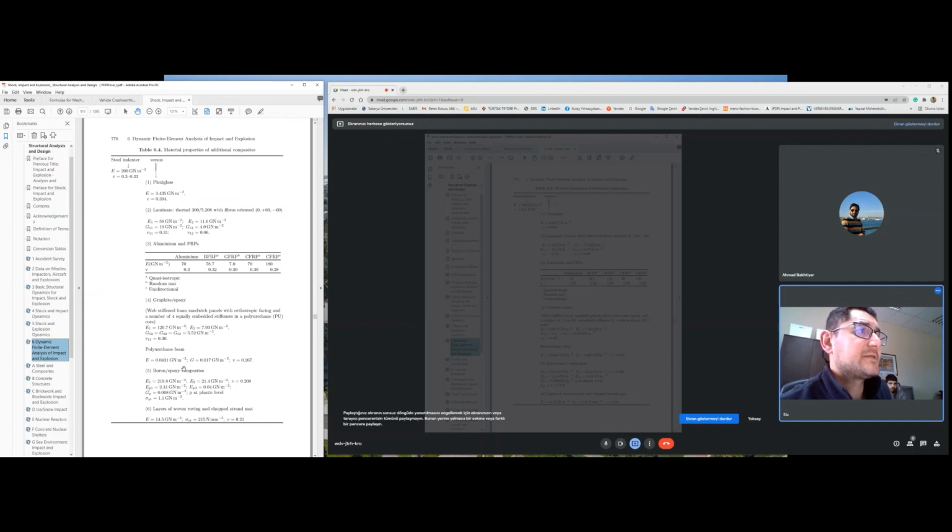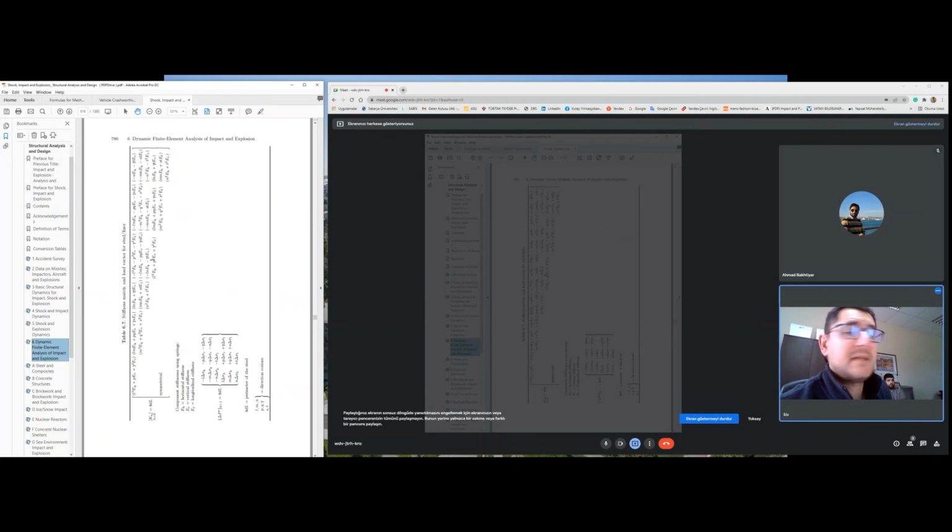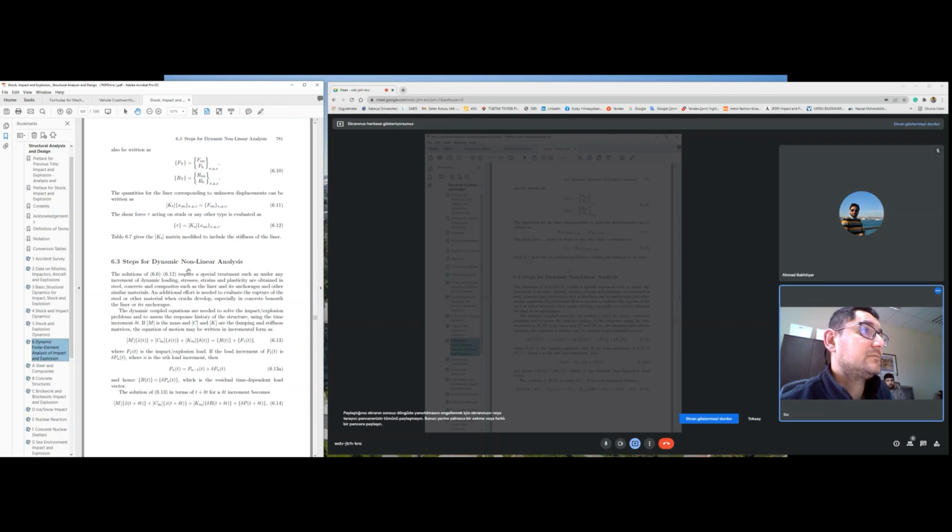And different materials again. Many applicable values are also given. The tables, because of that, are very important. And let's look at here, 6.3, steps for dynamic nonlinear analysis. We are just inside of this title.